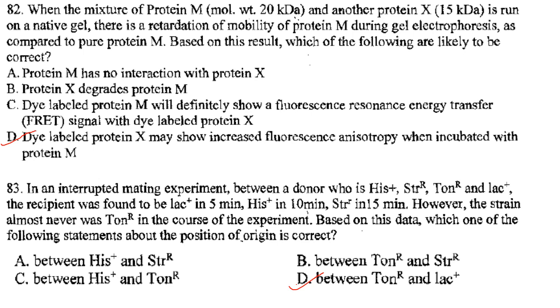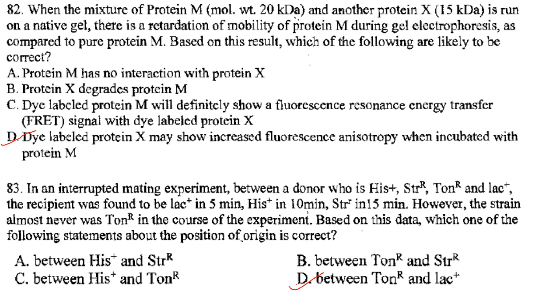Then dye labeled protein M will definitely show a fluorescence resonance energy transfer signal with dye labeled protein X. So that is also not correct. Then dye labeled protein X may show increased fluorescence anisotropy when incubated with protein M. That is correct. So answer is option D.